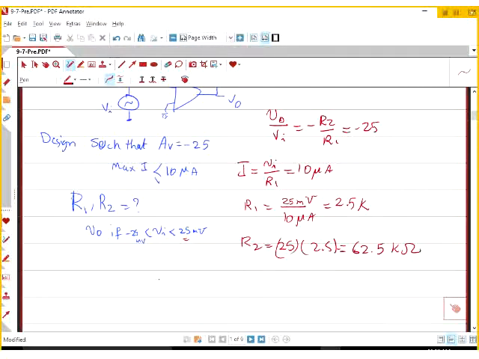Now, if you want to find the range of VO, VO basically is 25 multiplied by the input.